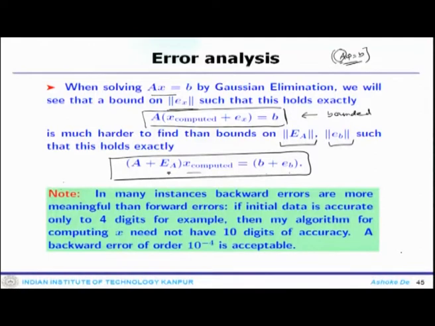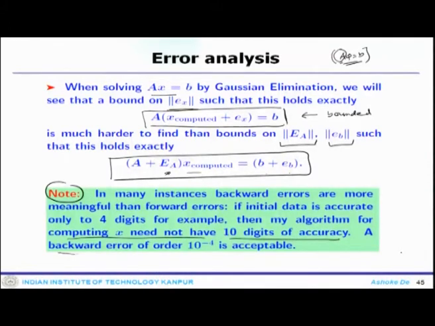Please note here that in many instances the backward errors shown here are more meaningful than forward errors. If the initial data is accurate to a certain number of digits, let us say 4 or 5 digits for example, then the algorithm for computing x need not have 10 digits of accuracy.